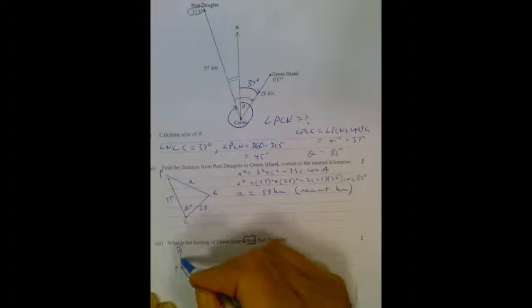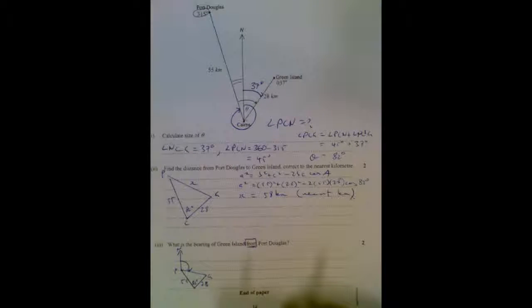I need to find the bearing from Port Douglas to Green Island, so this is the angle I need to find. What else do we know? We know this is 28, this is 55, and this is 82 degrees.